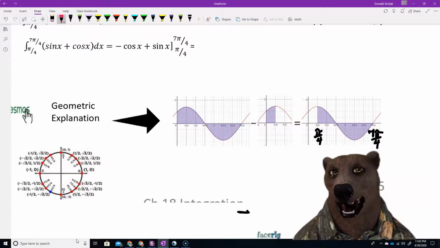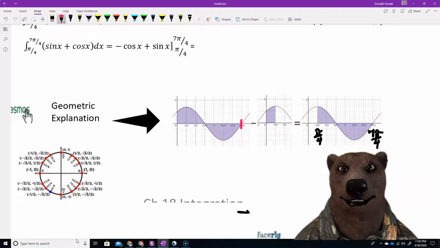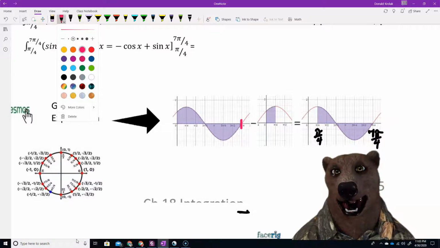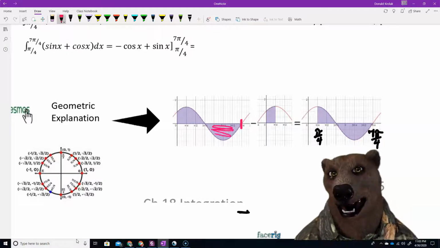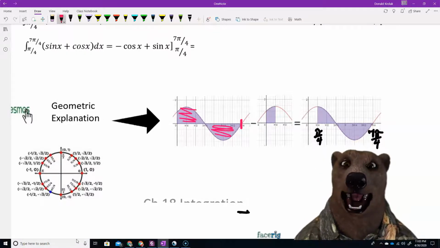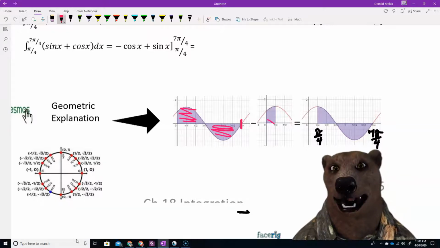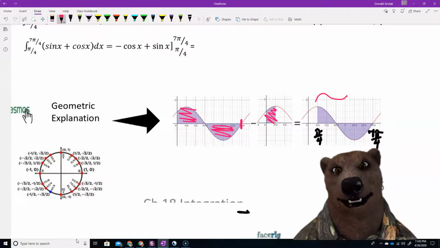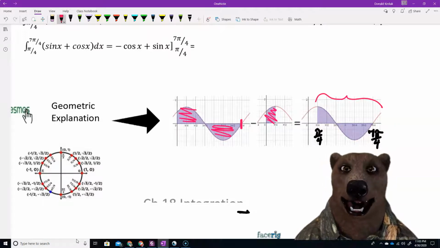That would be finding the area from 7 pi over 4 all the way back to 0. That's this whole thing here. And then we're going to find the area from 0 to pi over 4 and subtract that from this, and that gives us our area that we're looking for.